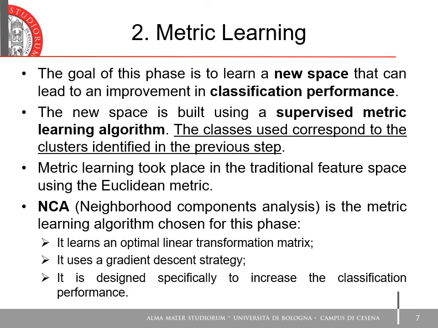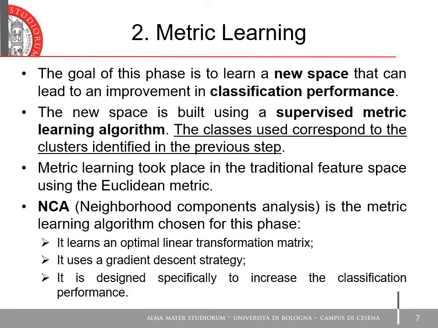Using the previously identified clusters, it is possible to learn a new metric in a supervised fashion. Naturally, this operation takes place in the original feature space. The algorithm chosen for this phase is NCA, Neighborhood Components Analysis. It is a metric learning algorithm based on gradient descent, specifically designed to increase classification performance.